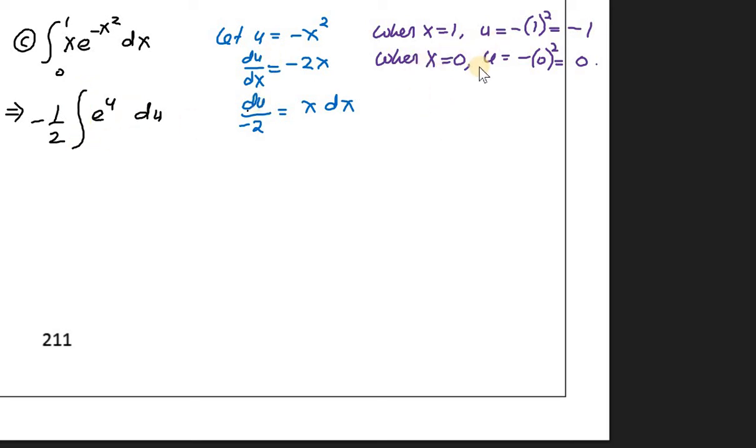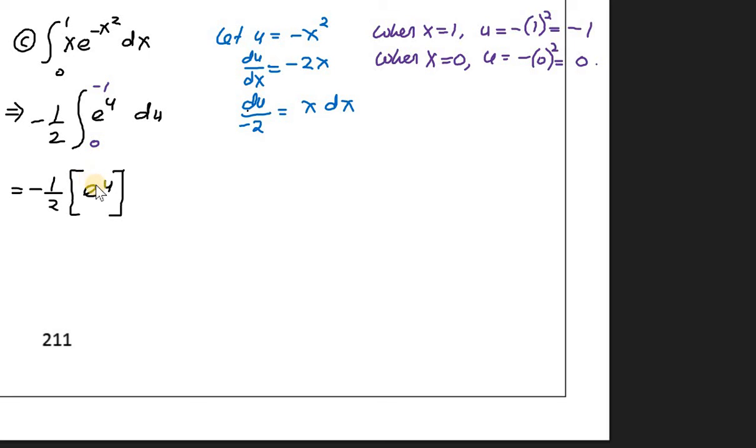The lower boundary, as x is 0, u is 0. The upper boundary, when x is 1, there's a negative outside of this x square, so we carry negative 1. Then it's easy for us to integrate. This is what I want. So when we integrate e power u du, it's an easy e power u.